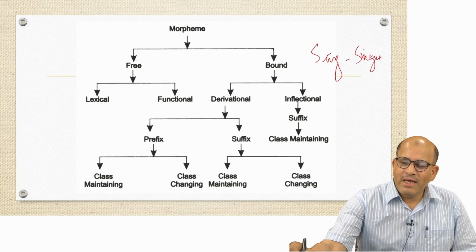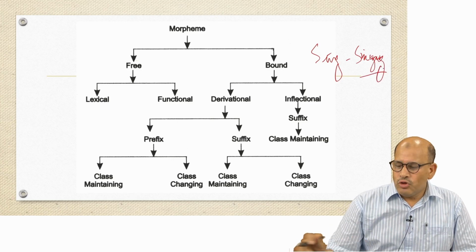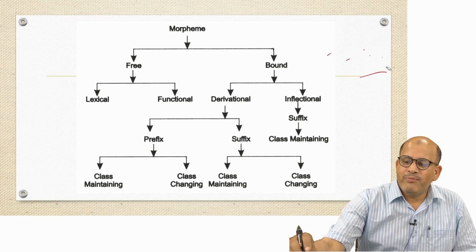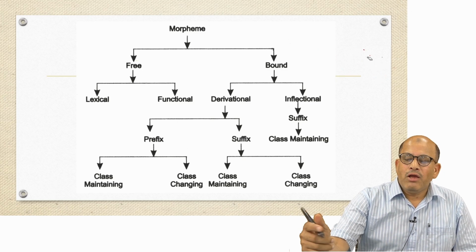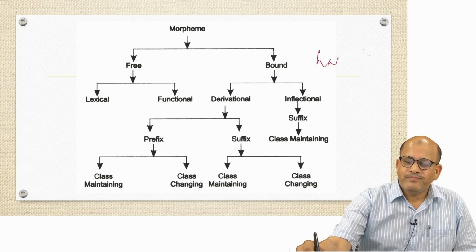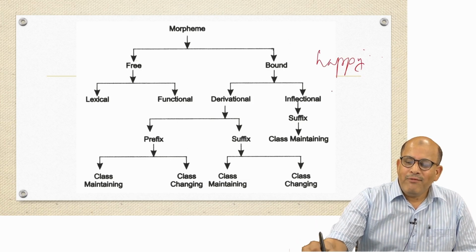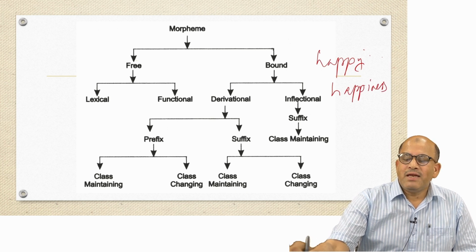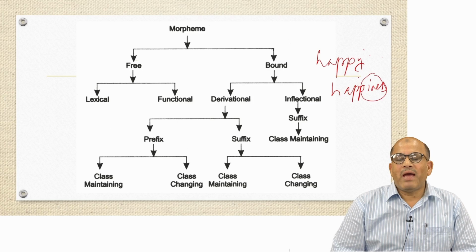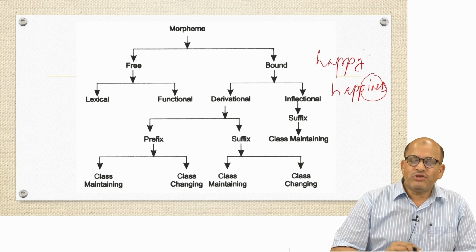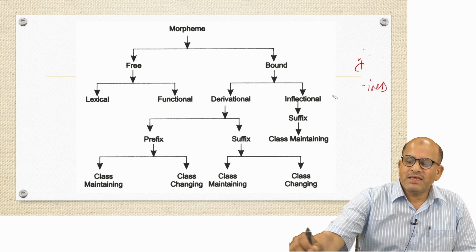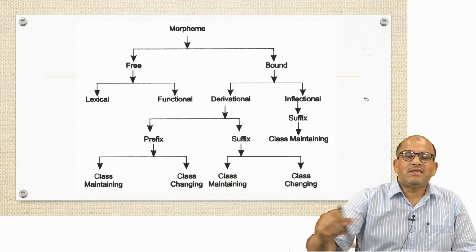If I add ing to sing, it becomes singing, so singing and sing both represent the same category. Now if you look at the word happy, if I add the suffix ness, happiness, it changes the grammatical category from happy to happiness, a noun. So these are class changing and class maintaining. These two forms are very important to understand, and we will learn more in detail in the next couple of minutes.